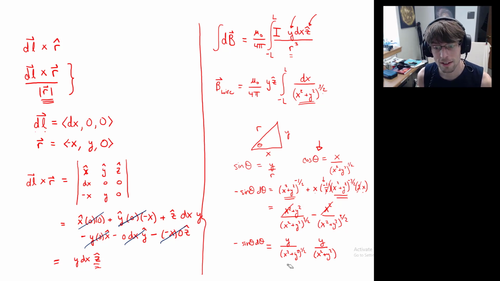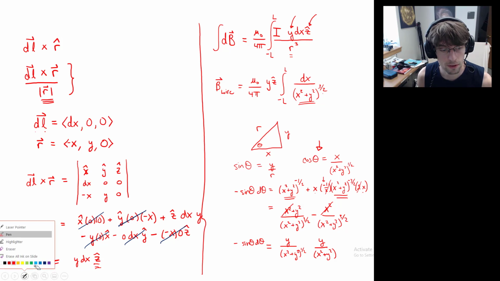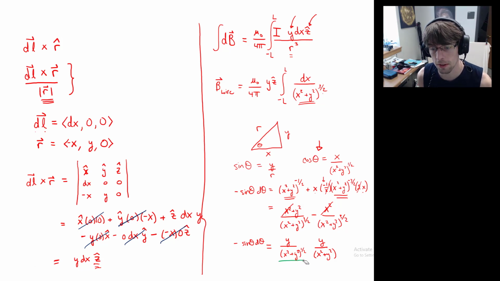But notice this first term, the reason I peeled it off, is exactly what sine of theta is. This thing I've underlined is sine of theta: y divided by r. That means I can cancel this and cancel that. And I apologize, I'm just not on the ball today. I should have a dx floating around at the end of this thing.